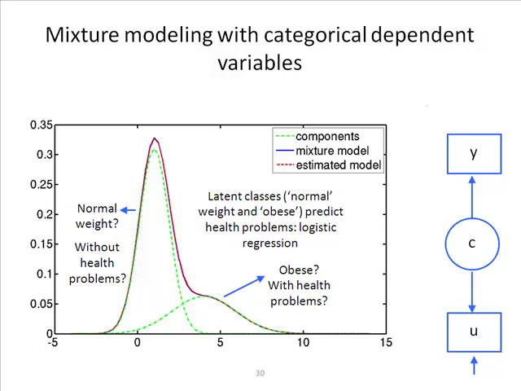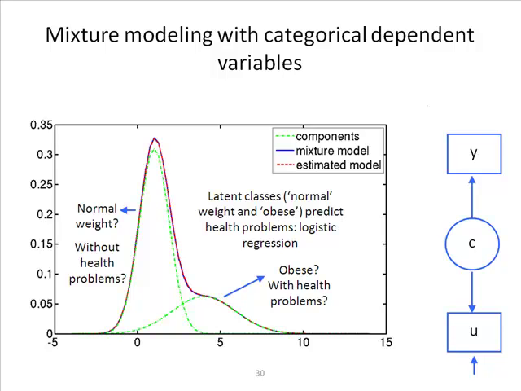So you can have other dependent variables in your analysis that are predicted by your latent class membership. So in this example of obesity, where I've got a latent class of obese and not obese people, that splits up their BMI distribution.